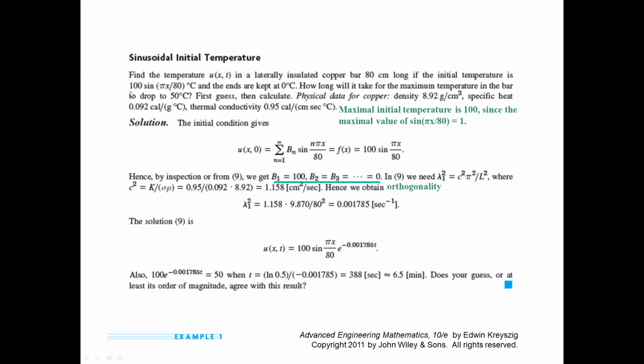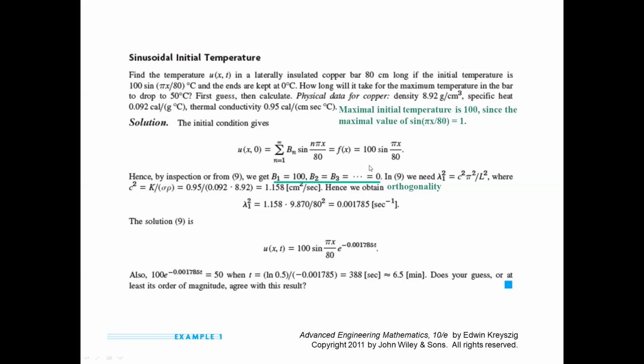So if we have a sine function times 100, that means the maximum value is 100 degrees C. And that also asks when the temperature will drop to 50 degrees C, to half of its value. We start by using the solution we obtained in the discussion earlier.